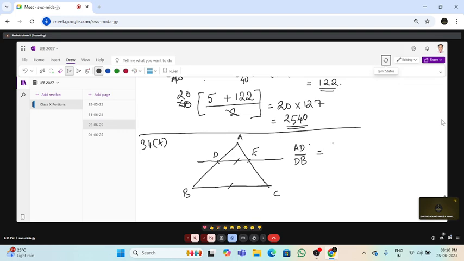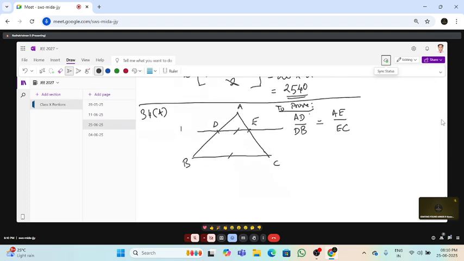So these ratios are same. So that is what we have to prove: AD by DB equal to AE by EC. It is given that DE is parallel to BC. That is the only thing that is given. So you prove that AD by DB equal to AE by EC.